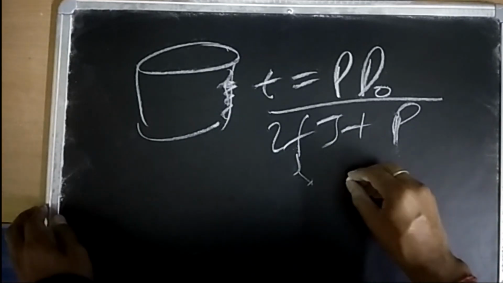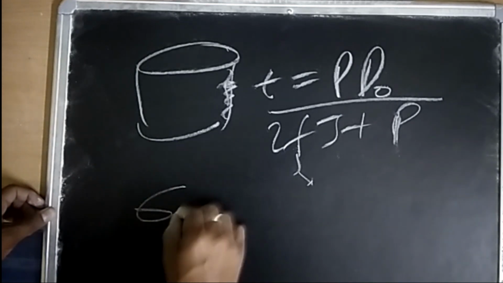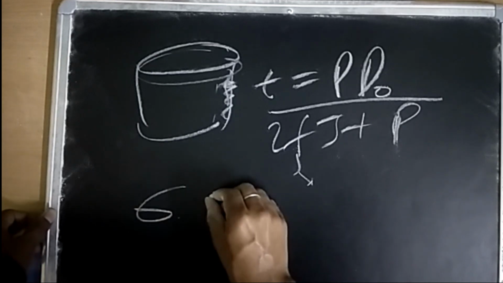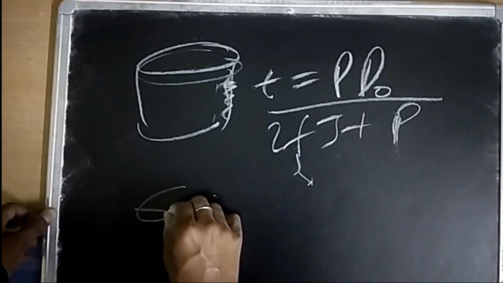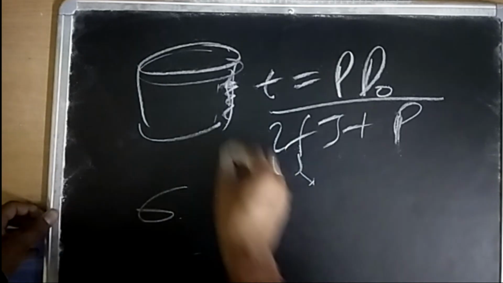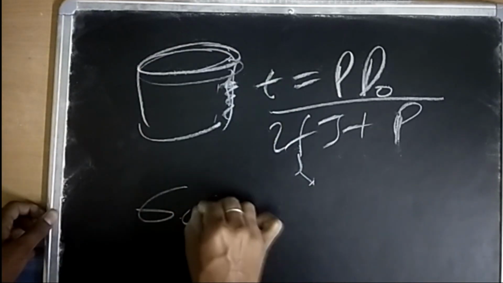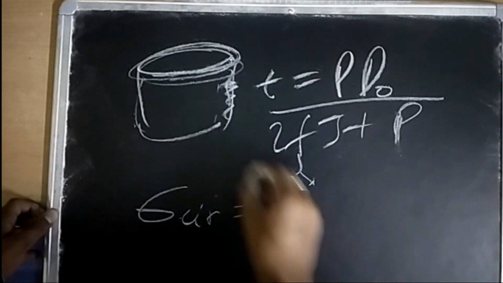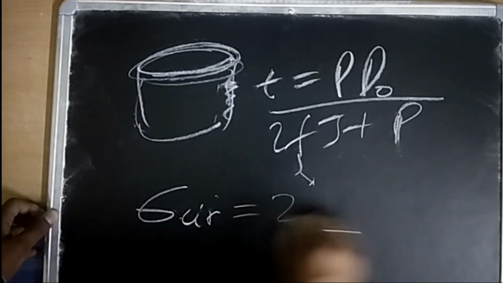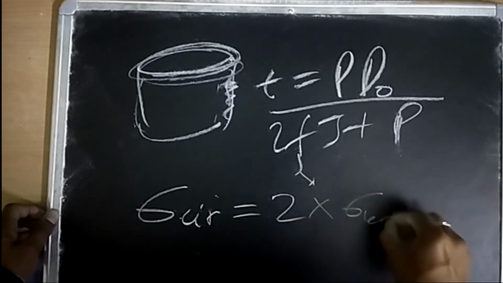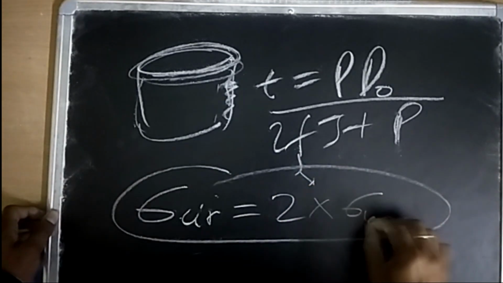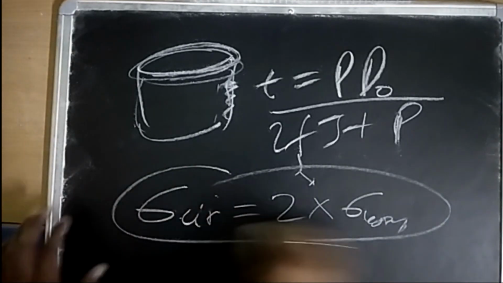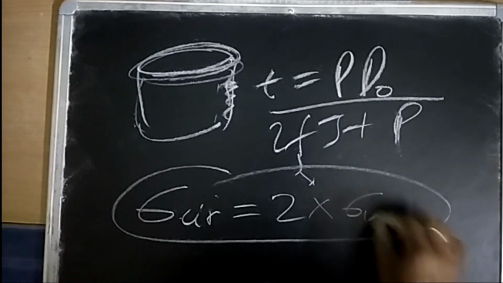And the next thing is that the circumferential stress is twice the longitudinal stress. This is something you need to remember, okay. There are formulas, derivation, but circumferential stress is twice the longitudinal stress.